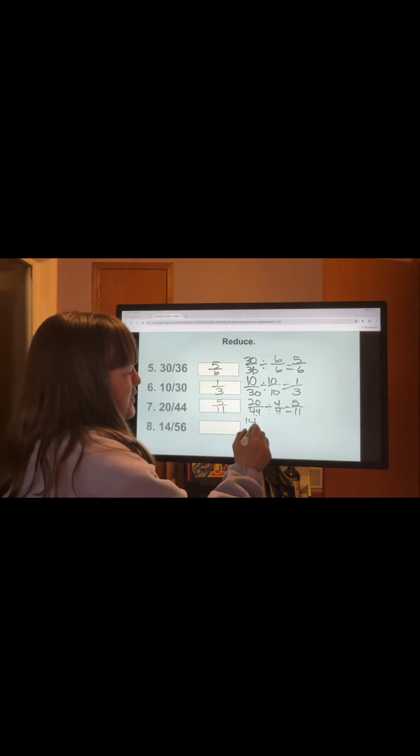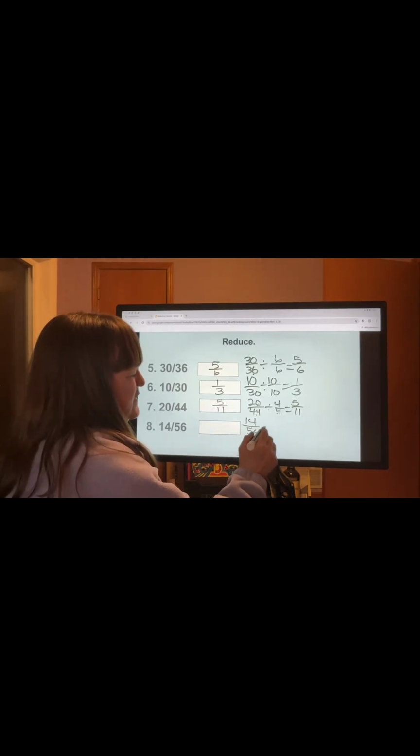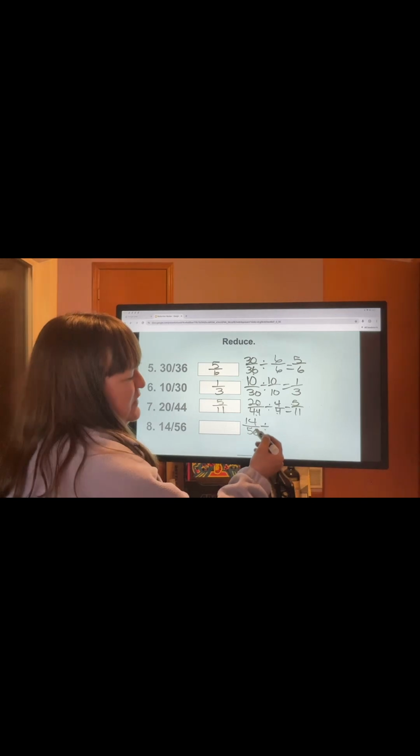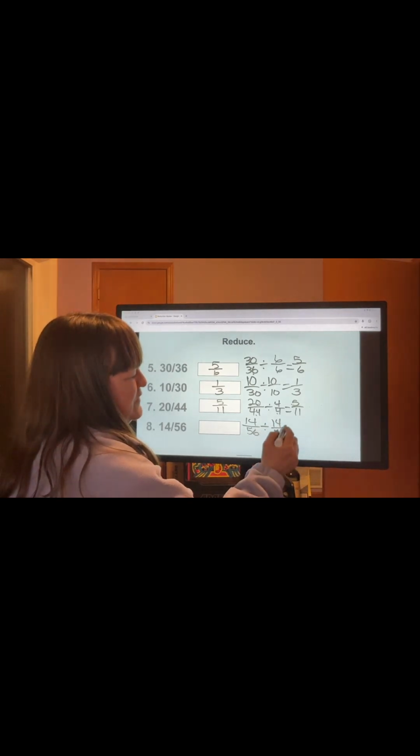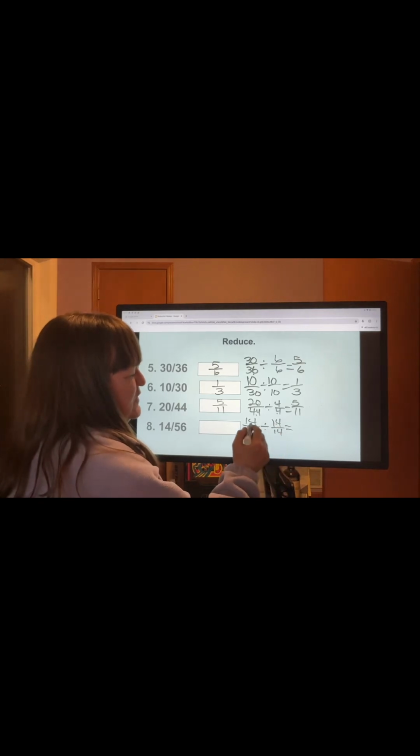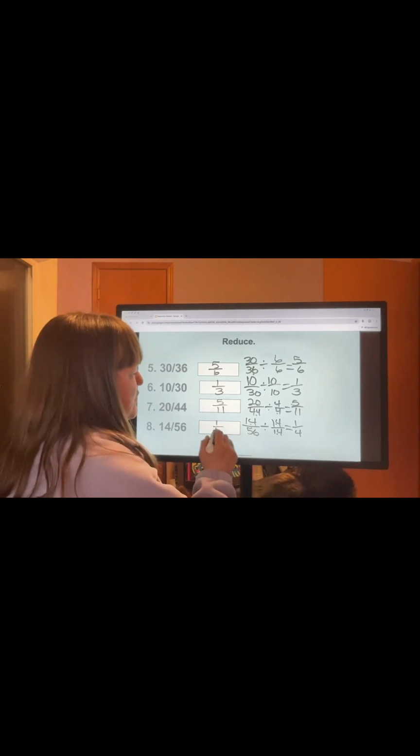And this one's kind of tricky. 14 over 56, if you don't see it right away. You might choose 7 because 7 goes into both of those, but 14 goes into both of these numbers as well. So 14 goes into 14 one time, 14 goes into 56 4 times. So your answer would be 1/4.